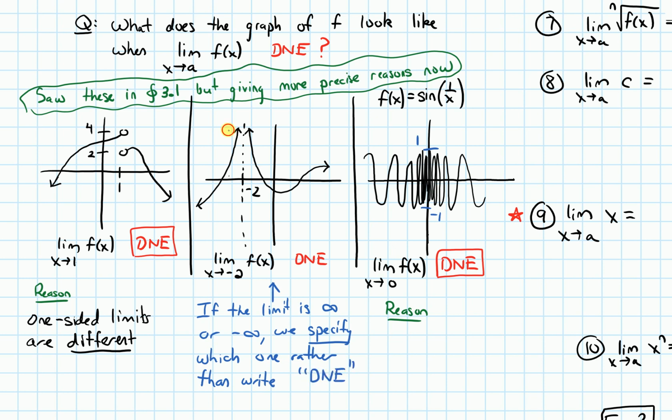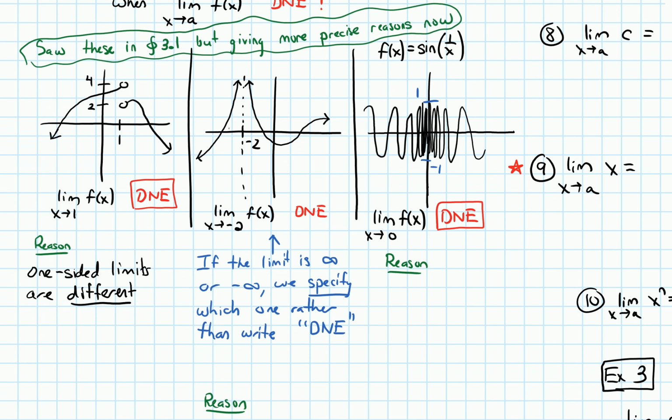So if something like this was a test question, and it asked, here's a graph, what's the limit as x approaches negative 2 of f of x? And we wrote DNE, we wouldn't get full credit for that. Although it's right that it is DNE, it's just not specific enough. In this case, we would need to write the limit as x approaches negative 2 of f of x equals positive infinity.